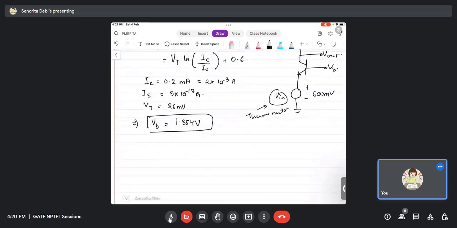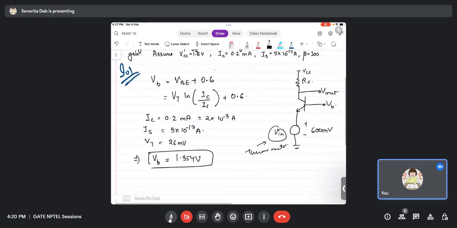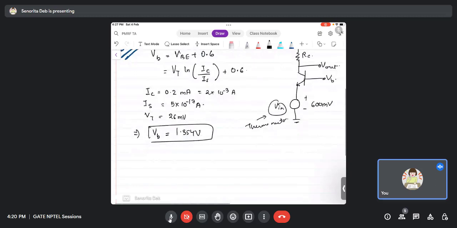Now to avoid saturation, because we need to bias it in the amplification region, right? So to avoid saturation, this collector voltage that I had mentioned earlier, VCB should be less than 0. So the collector voltage must not fall below the base voltage, right? So therefore what will be the maximum voltage drop across RC?